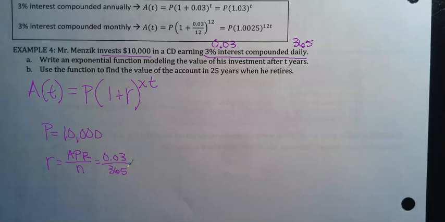Then we have an X. The X is the same thing as N, because remember, our X is equal to the N times the T. We know the N is 365, but we don't know the T yet.